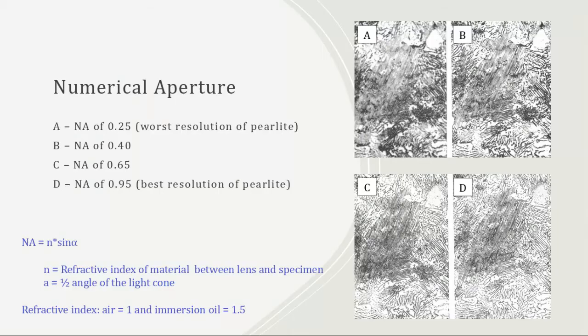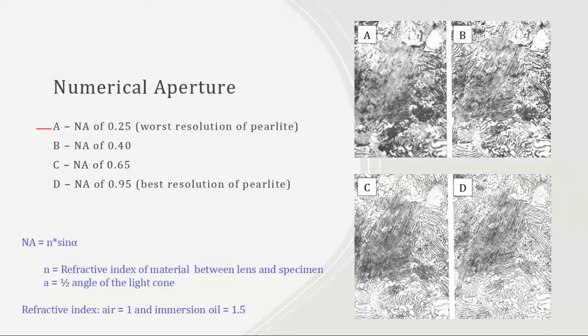So what do I mean by the numerical aperture? Well, the higher your value, the better your resolution. In images A, B, C, and D on the right, image A has a numerical aperture value of 0.25, and that does not give me a very good resolution of pearlite.